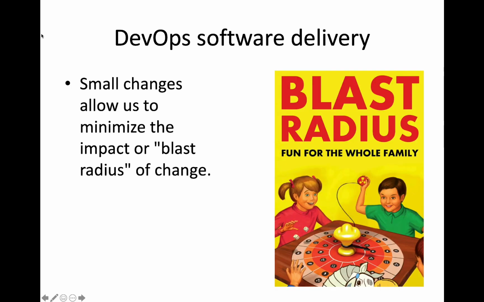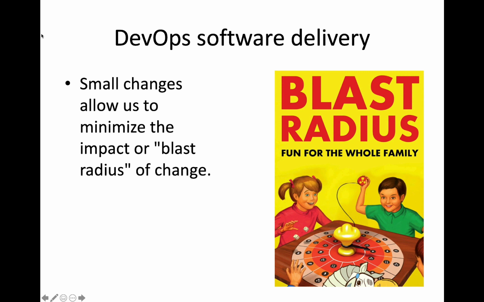Another way to think about it, as I mentioned, is the scope of the changes. And these small batch sizes allow us to minimize the impact, minimize the risk of the change. Oftentimes we call this the blast radius of the change in our environment. Again, imagine you're deploying a big bang release with database migrations and thousands of changes.